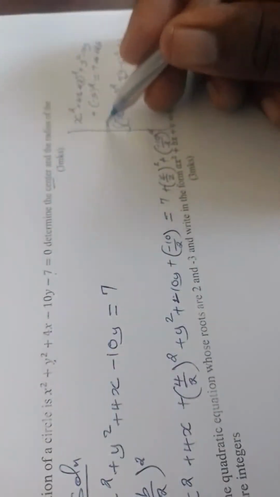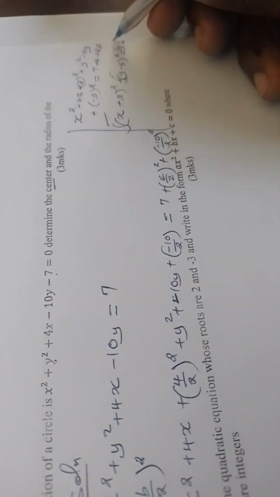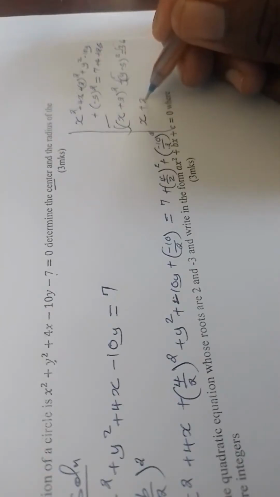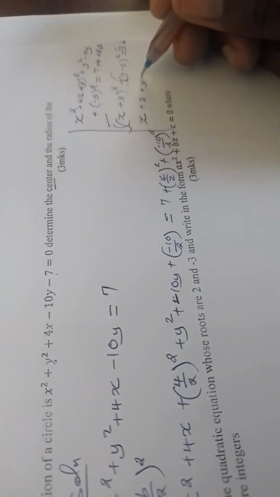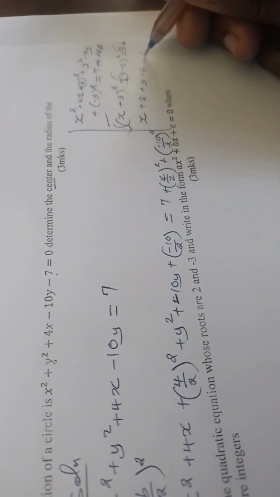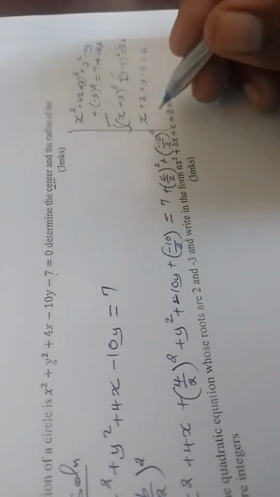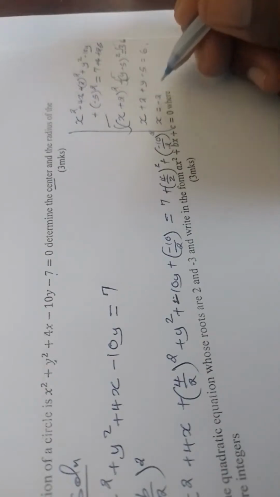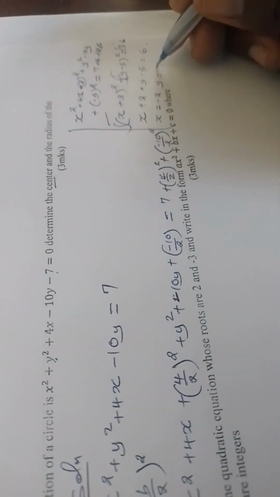Then after getting 36, we can find the square root of that. The square root of this will be x plus 2 plus y minus 5 is equal to 6. So finally, the center will be x is equal to negative 2, y is equal to positive 5.